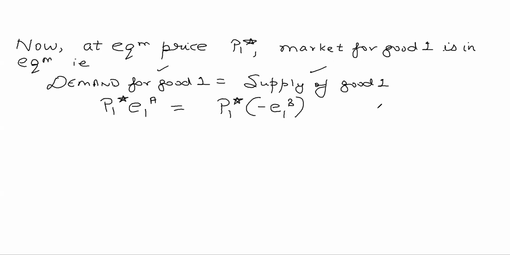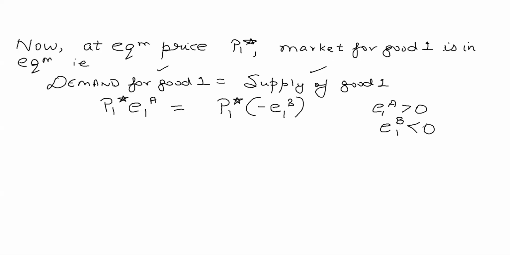So if E1A is positive, which means there is excess demand for good one by agent A, then to meet that excess demand, who should supply that? Agent B. So E1B has to be negative. Always remember, E positive means excess demand, but E negative will mean excess supply.